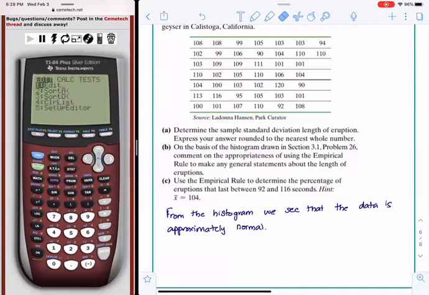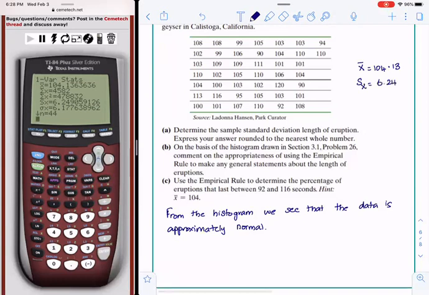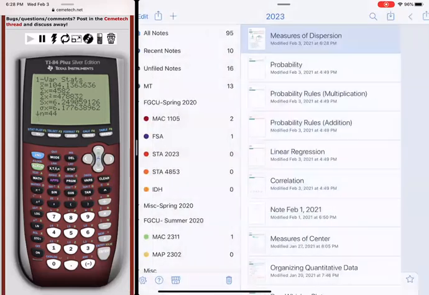So go to statistics and one-variable stats, list one, and we have the mean, 104.13. The standard deviation is 6.24. That's what we had previously.